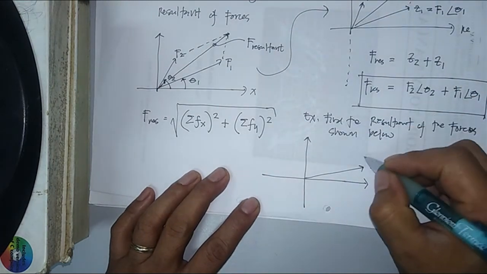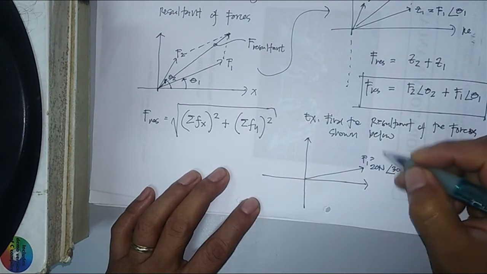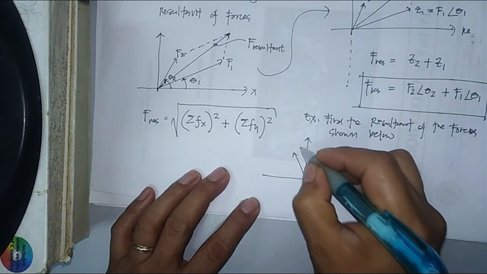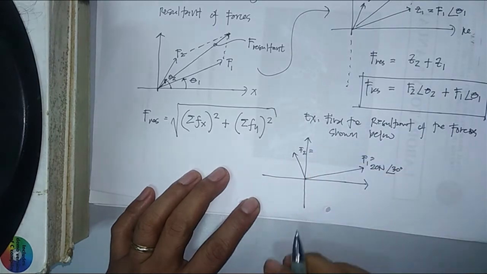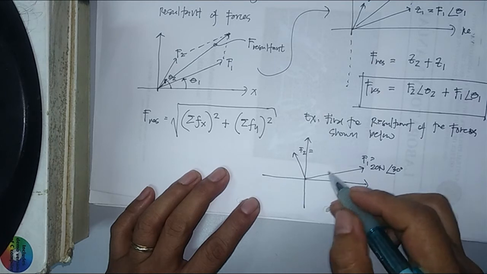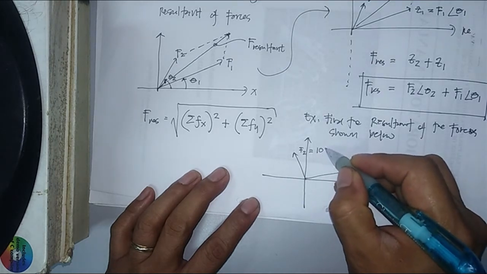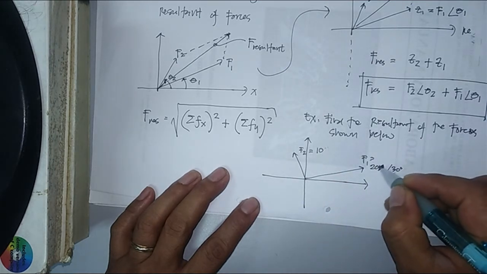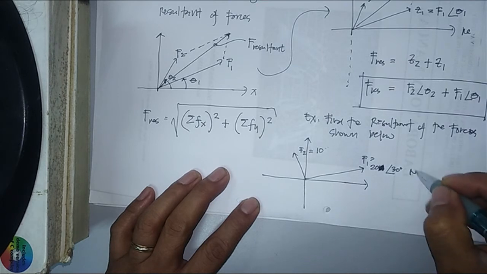Let's label this as F1. Another force, we will label as F of 2, and I will make it 10 Newton. By the way, we will put the unit after the angle.